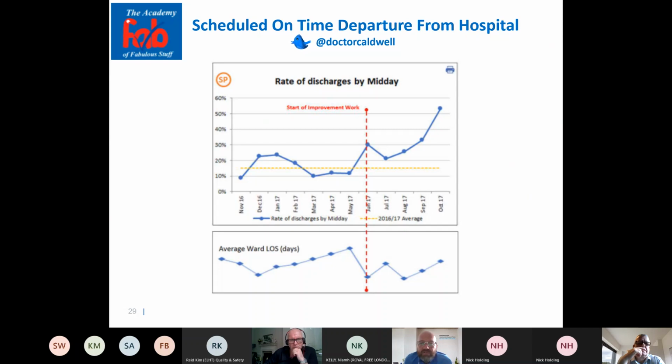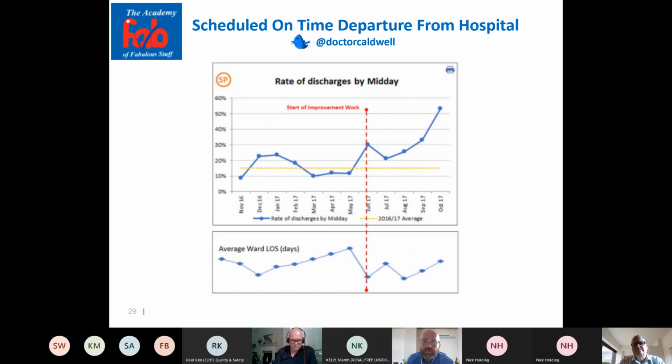So if you look to the left of the red dotted line, that was where they were in terms of the percentages, going around the 15% mark. A period of improvement work showed a demonstrable increase in that. You would need to look further to the right in terms of statistical process control to see how this was sustained, and to be able to show a real validated change and improvement. But there was a start there of increases in the rate of discharge by midday, which also then had a bit of an impact on average ward length of stay as well.